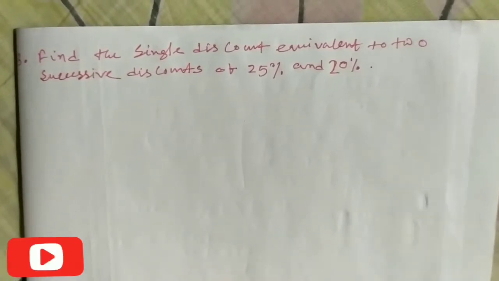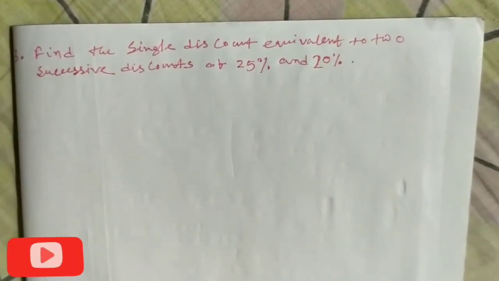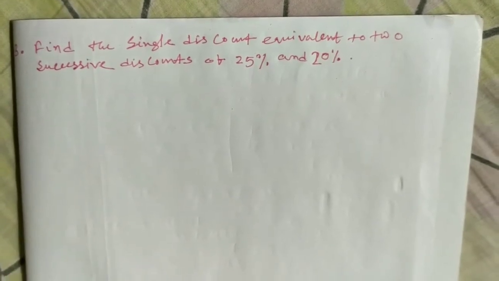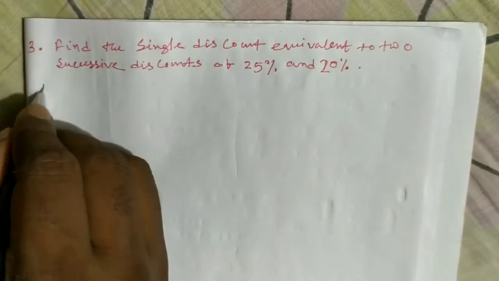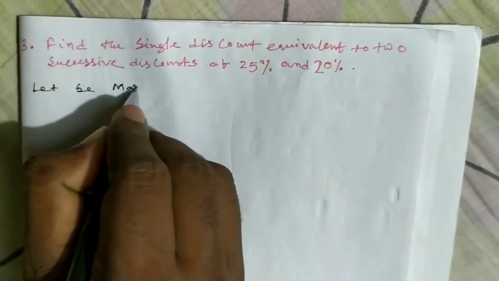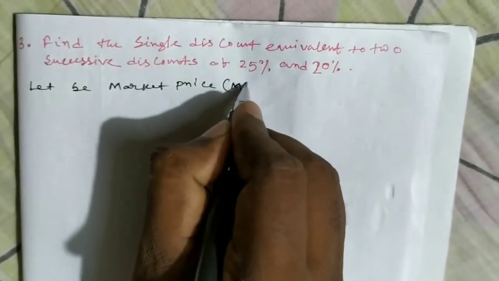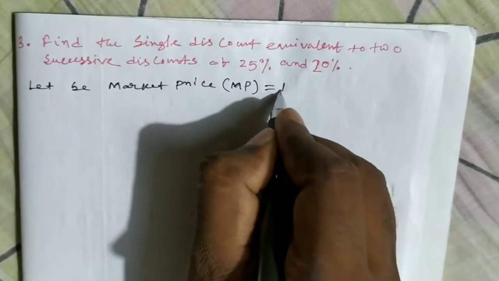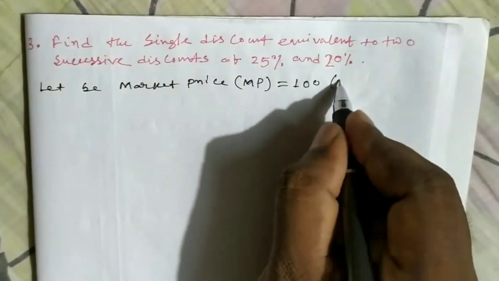Question number 3. Find the single discount equivalent to two successive discounts of 25% and 20%. Let the market price be ₹100.